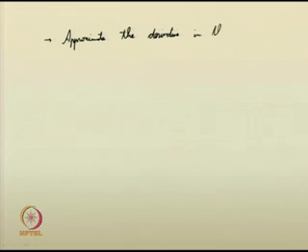So, here what we are going to do is approximate the derivative in the gradually varied flow equation with an algebraic expression.